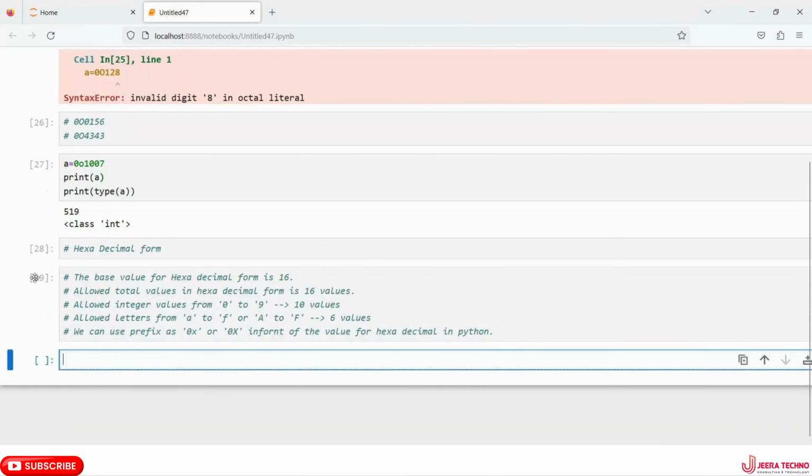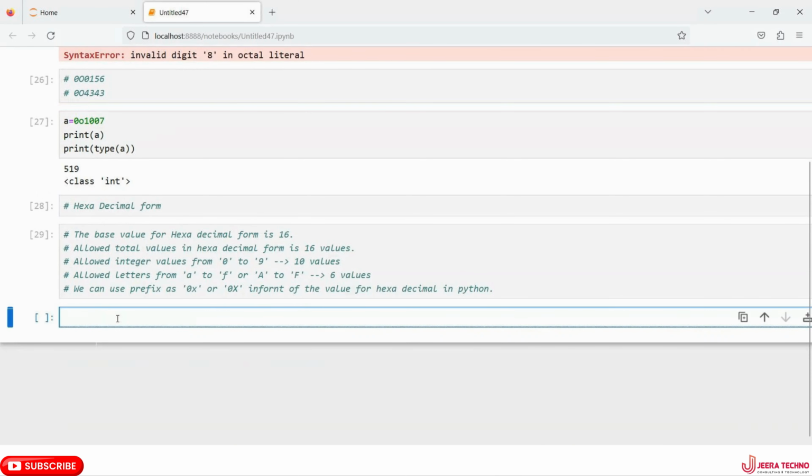Okay, so let me take one value first. Before that, understand what I am writing. Now I am taking 0 1 2 3 4 5 6 7 8 9. Then where will it start? It will start from A, then B, C, D, E, then F. If you understand this, then only you can understand the value.